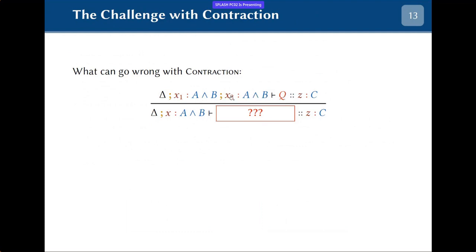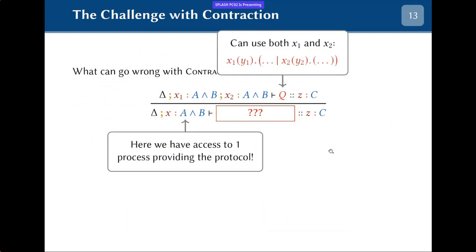And in the premise here, Q has access to two different channels with the same protocol. In the conclusion, we need to derive some process that can make use of only one, right? But if we're not smart about it, Q can use the resource twice in the same process. And here we only have one process providing the protocol, and this can cause deadlocks if we just let x1 and x2 be aliases of x, right?